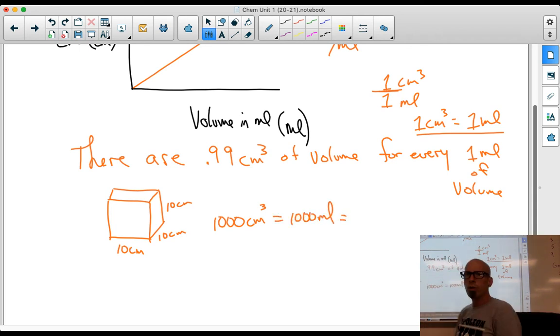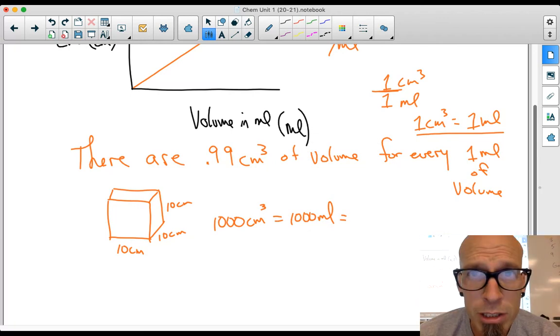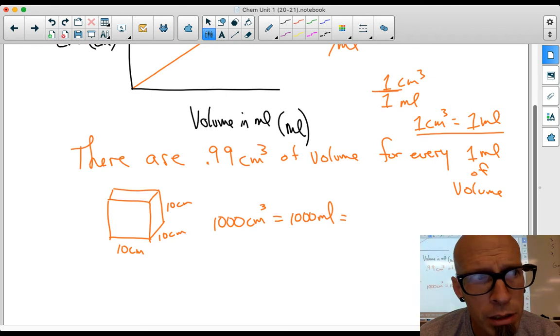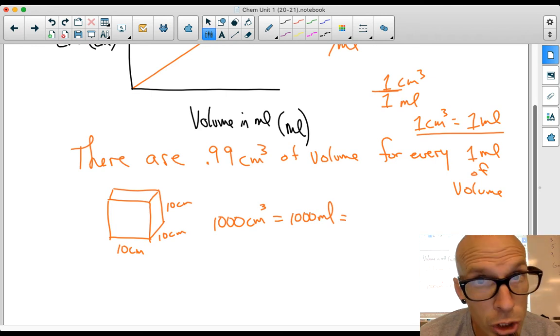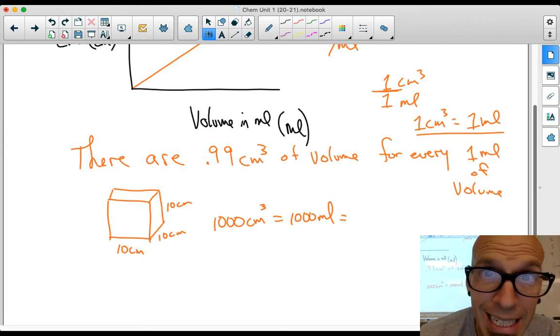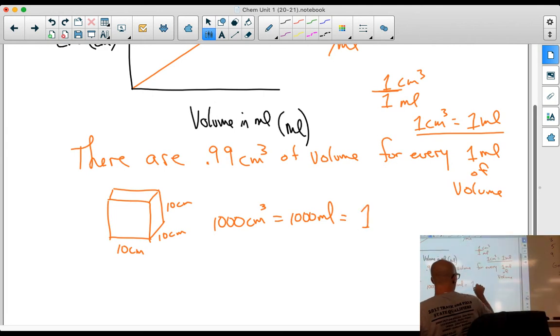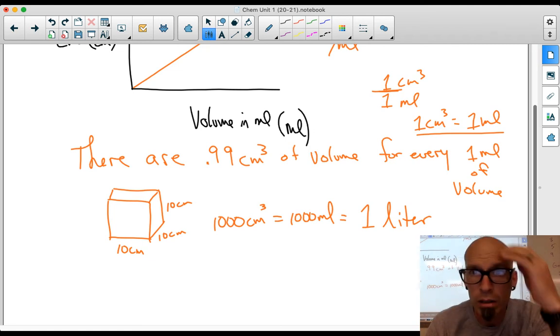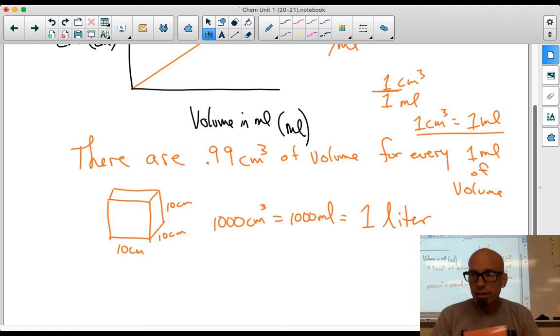Now, what do you know 1,000 mLs is equal to? How many mLs are in a liter? 1,000 of them. 1,000 mLs is a liter. That is 1 liter. That's 1 liter. This right here, this box.